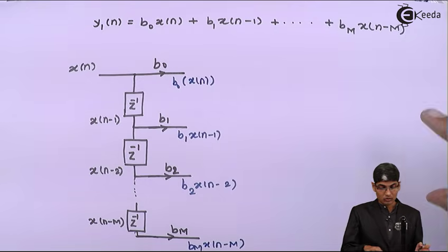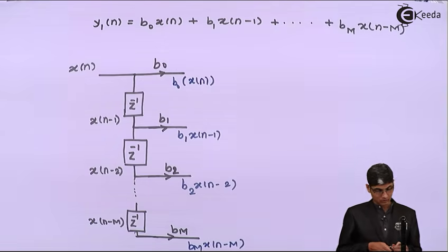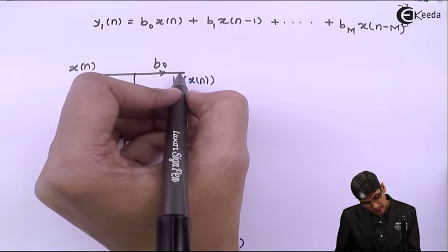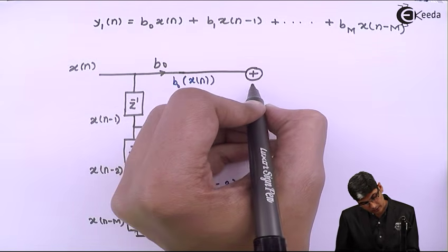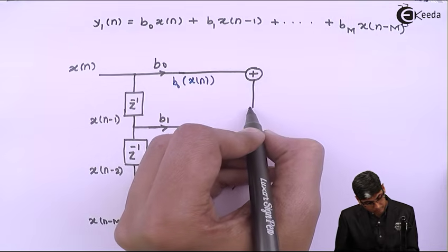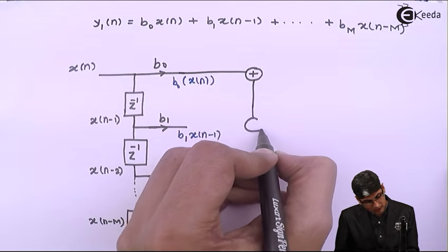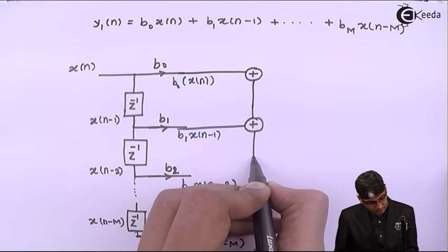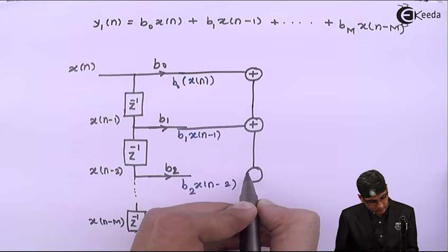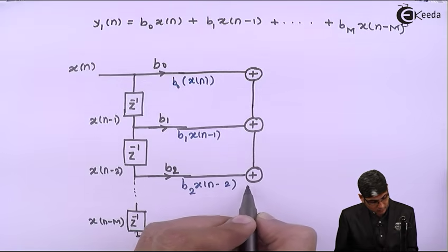Now once you got these factors, you have to add them. To add them, we need to put an adder. So let us put an adder. So I put a plus sign. Remember, an adder will have only two inputs and one output. So I will add adders to it.